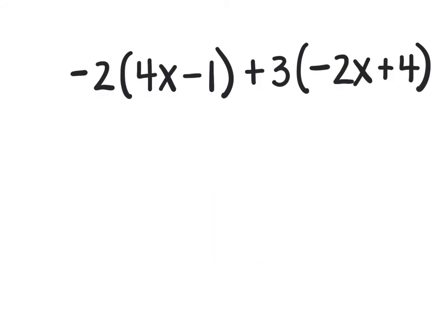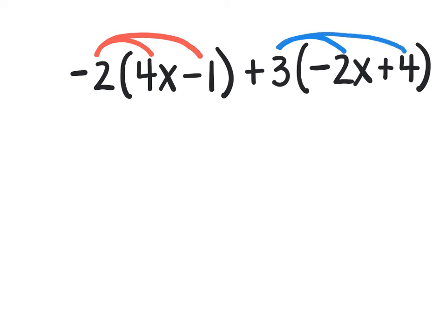You might encounter questions which require you to use the distributive property more than once, like this one. So we'll have to multiply the negative 2 from out front of this set of brackets by both the 4x and the negative 1. And in the second set of brackets, we'll be multiplying the positive 3 by the negative 2x and by the positive 4.